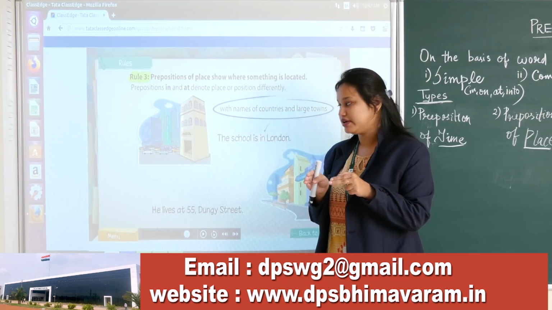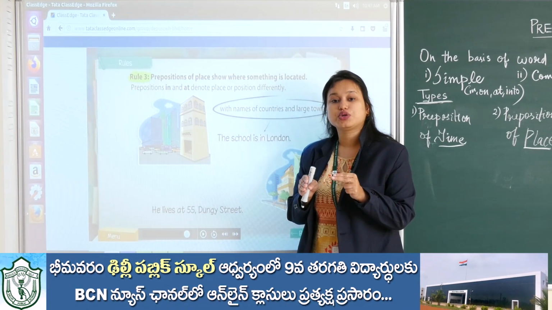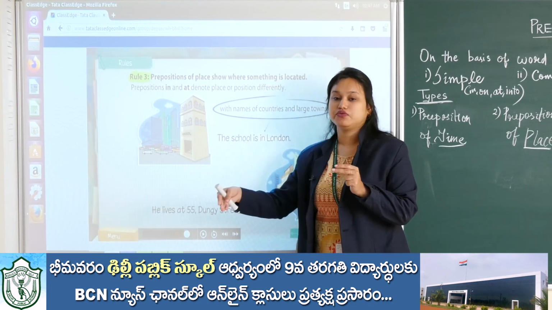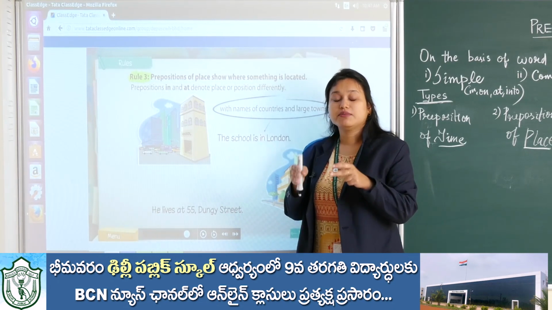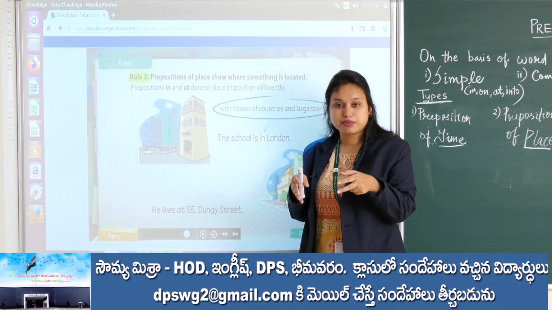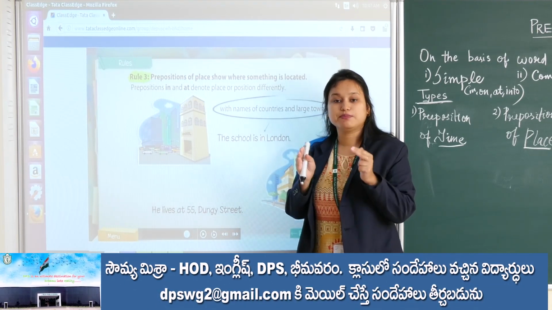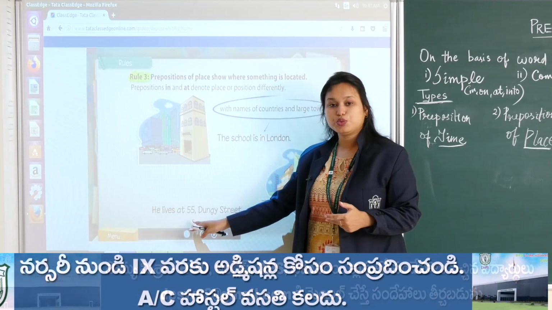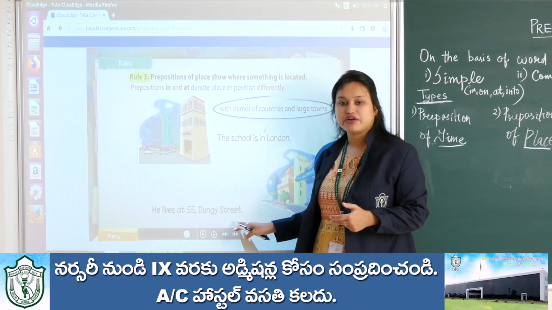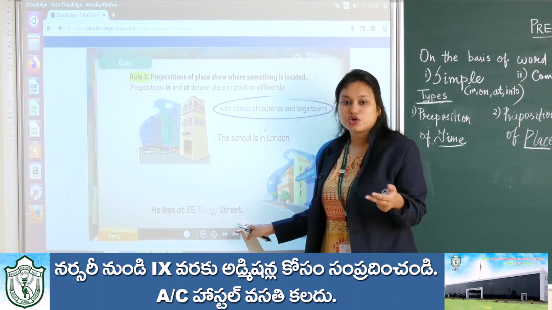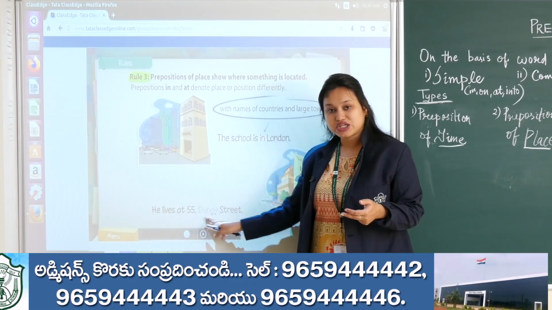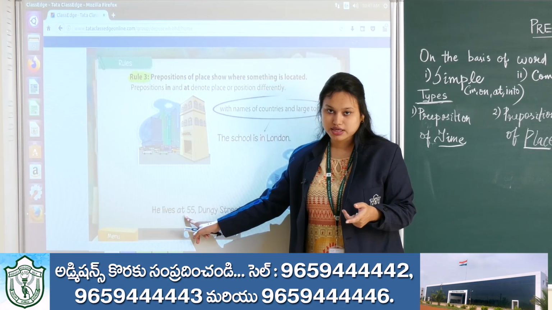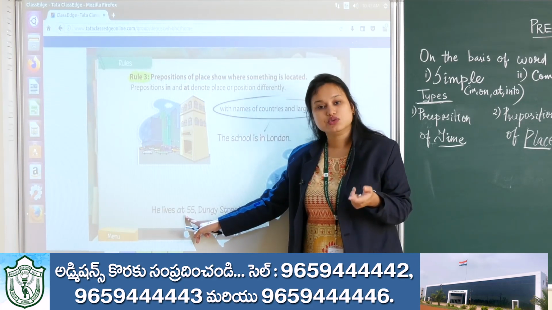If I say the train arrived at the Bhimavaram station, Bhimavaram railway station is one particular space. Here one address is given, 55 Dungaree Street, the address of a house or a home. So when we are giving an address, we will not use in, we will use at.